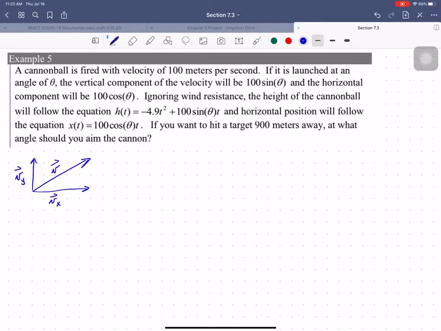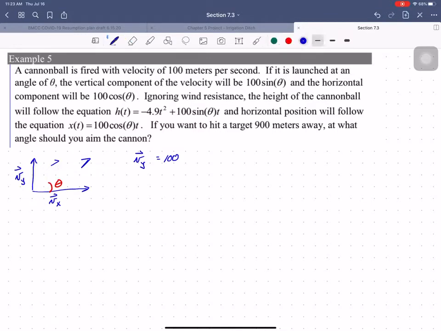And if my angle of launch is theta, and that's an angle with the horizontal, unless stated otherwise, then the vertical component, the lift component of that velocity, is whatever your initial velocity is.